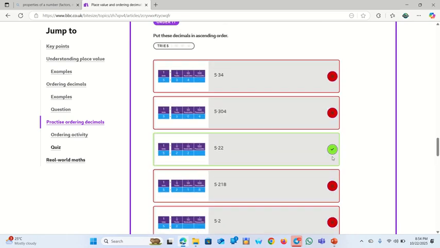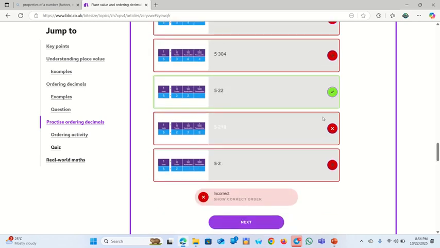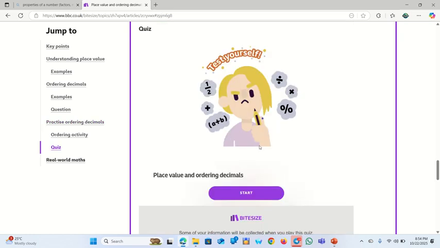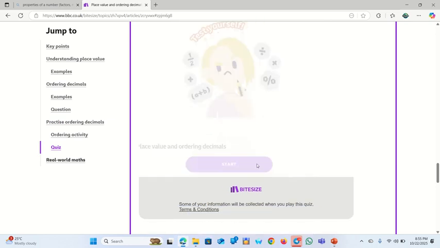Probably the arrangement is the other way around. Everything selected is good. It's just that we turned it upside down. Do you understand that? Yes, sir, it was turned upside down. That's why it is like that. Place value and ordering decimals.